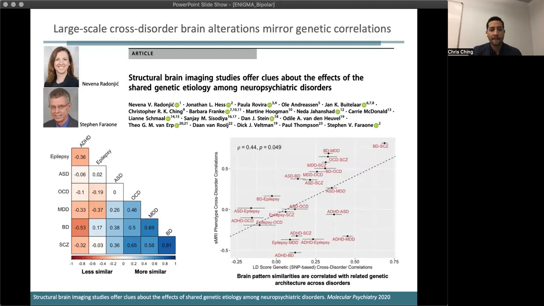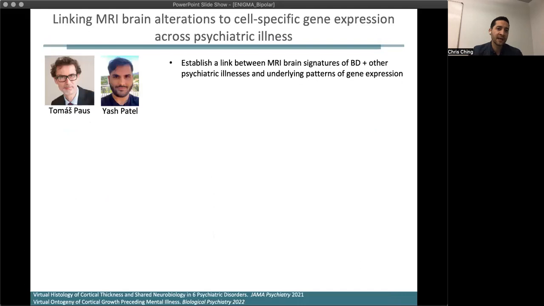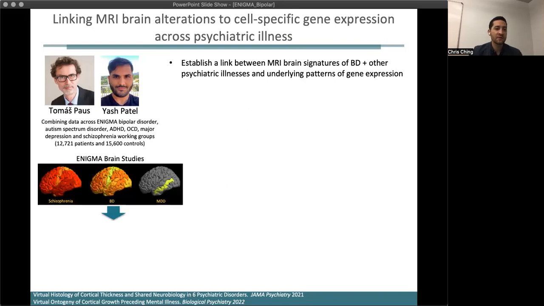Now, another way of looking at bridging this potential gap, work from Thomas Paus and Yash Patel, in which they've published 2 studies now trying to link brain MRI signatures from the ENIGMA bipolar and other psychiatric working groups to underlying patterns of gene expression. So what they have been doing is putting together these large cross-disorder brain signatures from the ENIGMA working group.